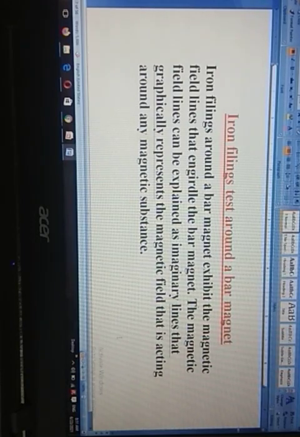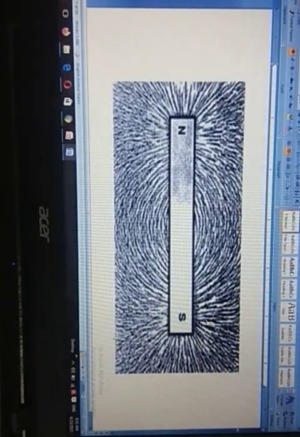The magnetic field lines can be explained as imaginary lines that graphically represent the magnetic field acting around any magnetic substance. These are the patterns of the iron filings test of a bar magnet.